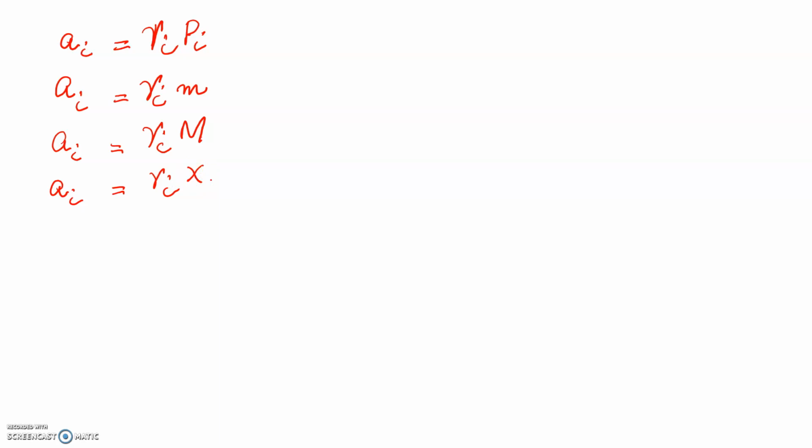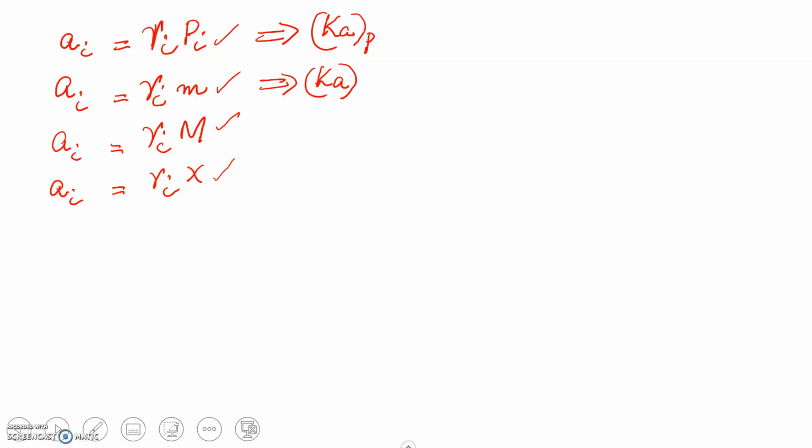So when we are representing activity in terms of partial pressures, Ka can be represented as Kp, and when we are representing activity in terms of molality, we can represent it as Km, and when in terms of molarity, we will represent it as Kc.